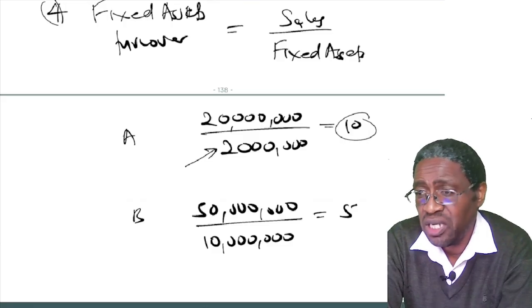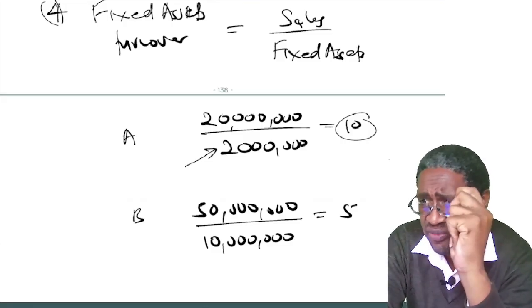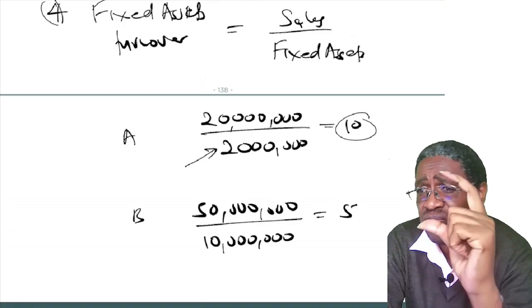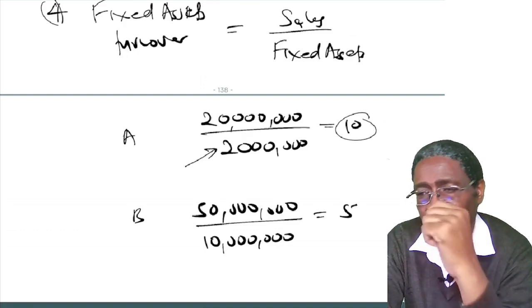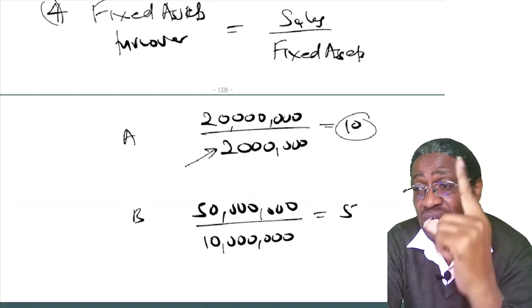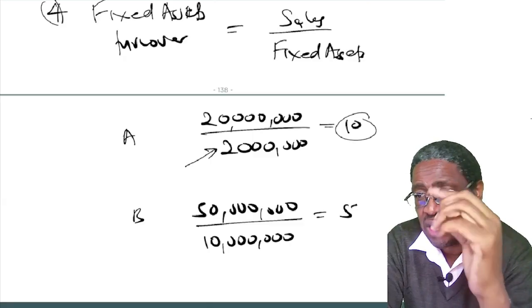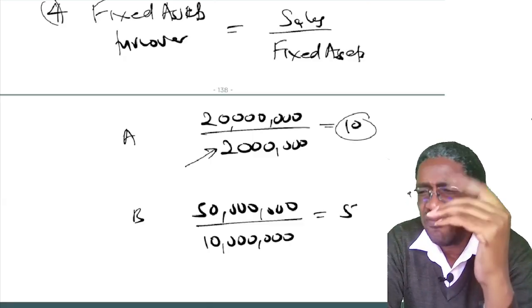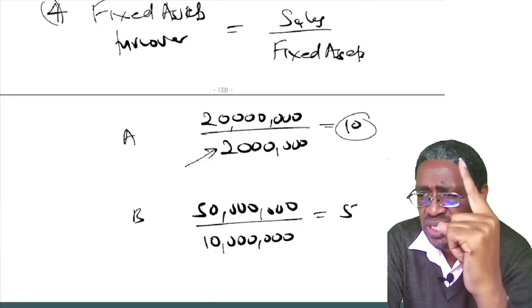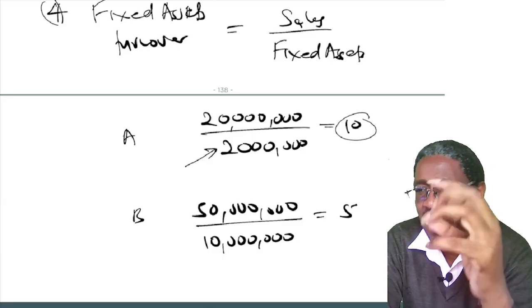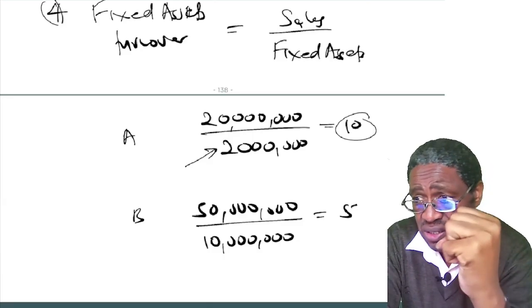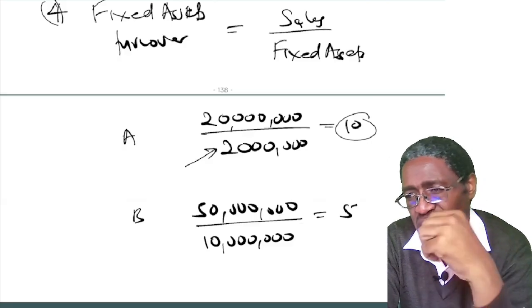Company A, from every shilling they have invested in their business as a fixed asset, is able to generate 10 shillings as sales. Company B, for every shilling they have invested as a fixed asset, is able to generate 5 shillings as sales. Which company is better?